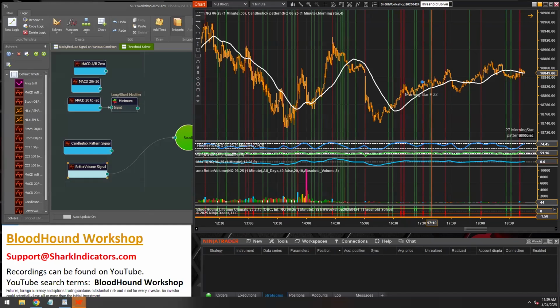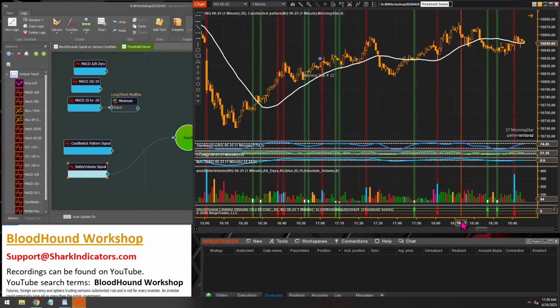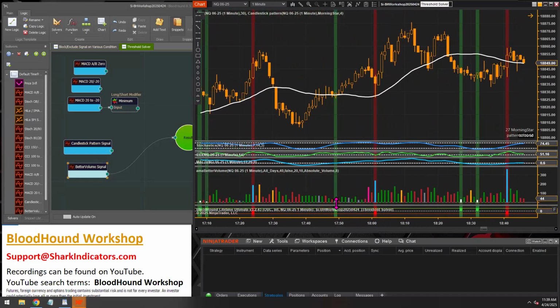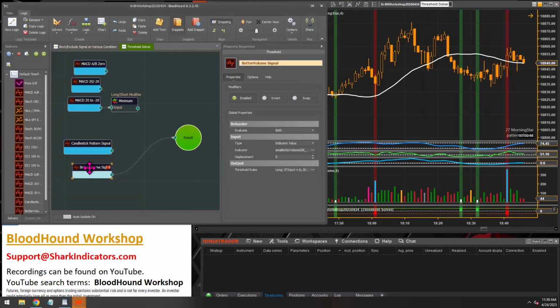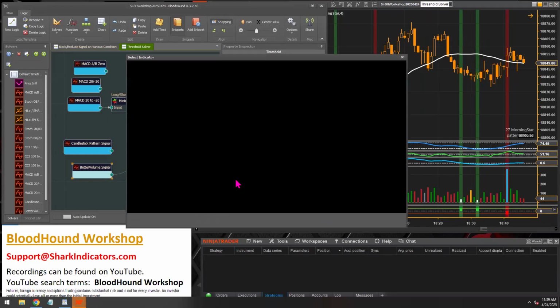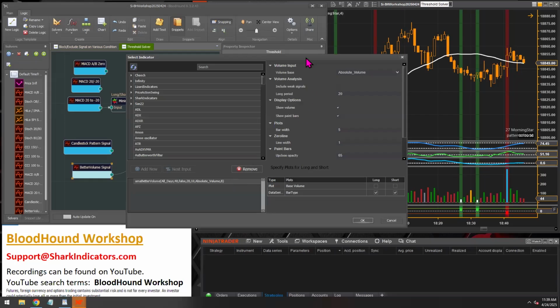Let's see. Number 6 looks like the white ones. Yep, the white volume bars. There. All right. So again, another example here of reading an indicator's signal output.